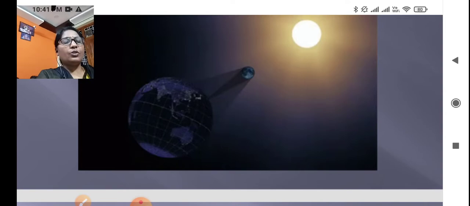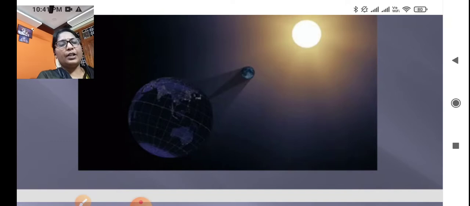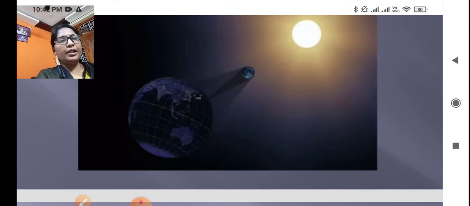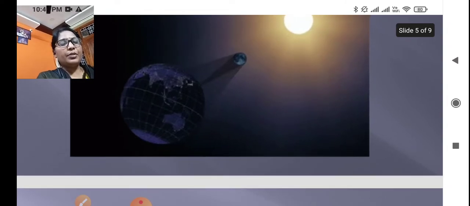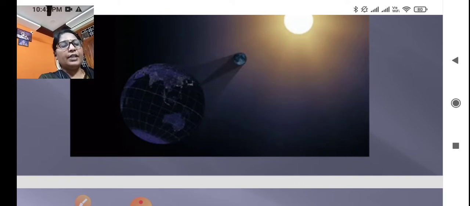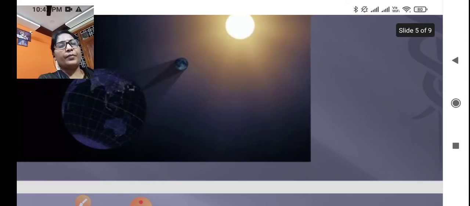This is called a solar eclipse. When the moon hides the sun completely, it is called a total solar eclipse. No sunlight reaches the earth and it becomes totally dark even during the daytime.